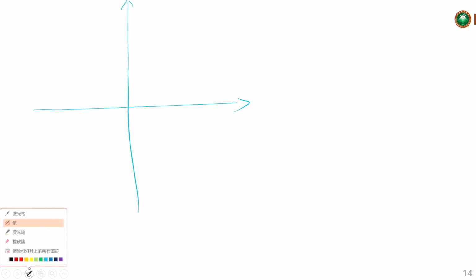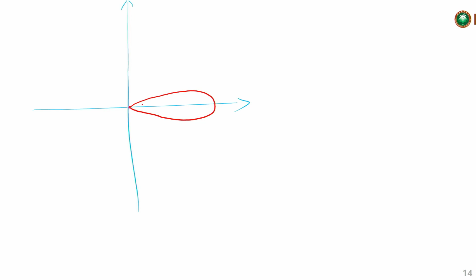So, for example, this is for theta equals theta node equals 90 degrees. Okay, so it's like this one, along this direction.